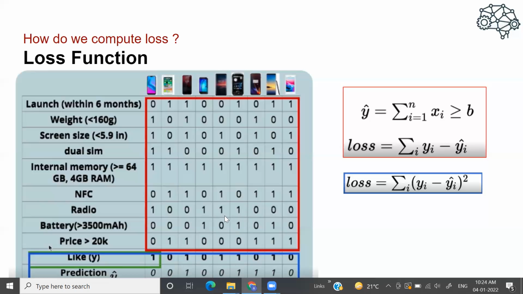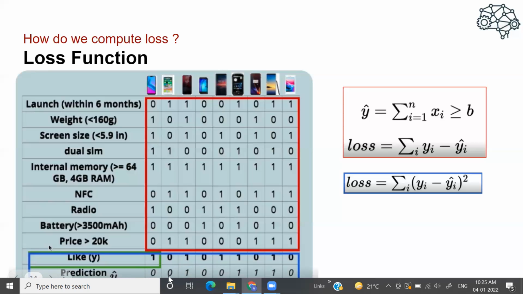right? Now, we said that the loss will be the difference between your actual label and predicted label, right? Now, let's make a certain adjustment to that. Instead of saying just the plain difference between these two, we take the square of the difference.